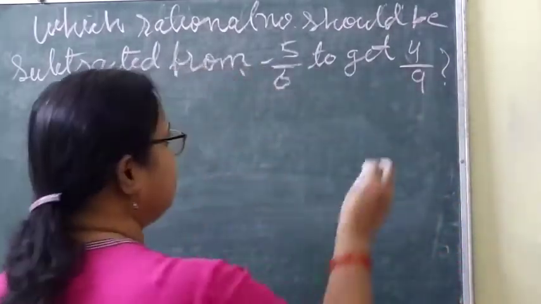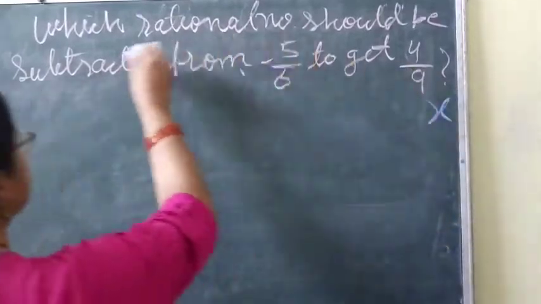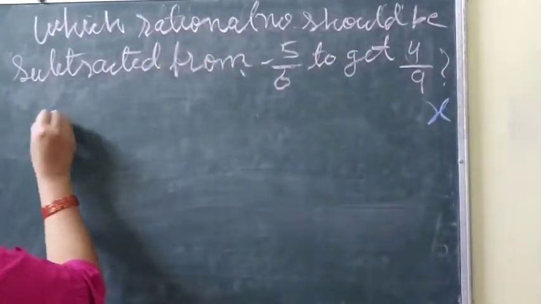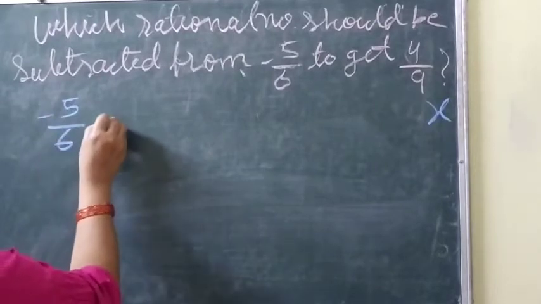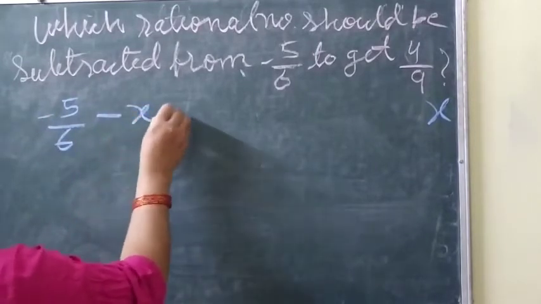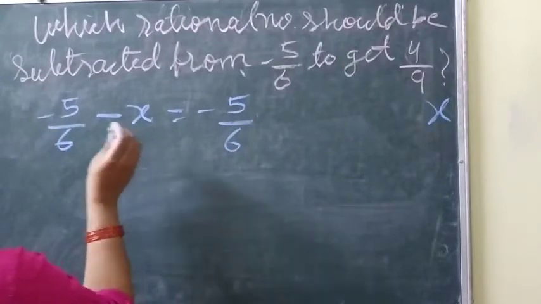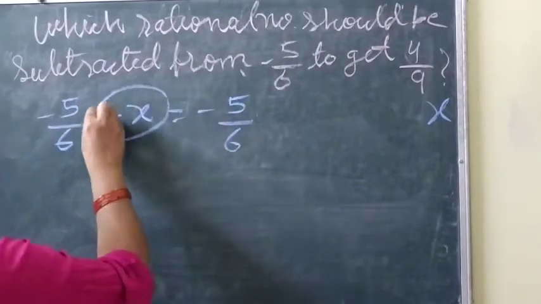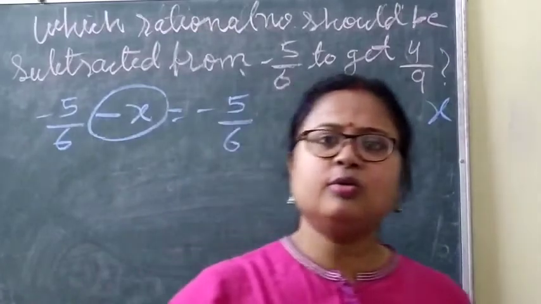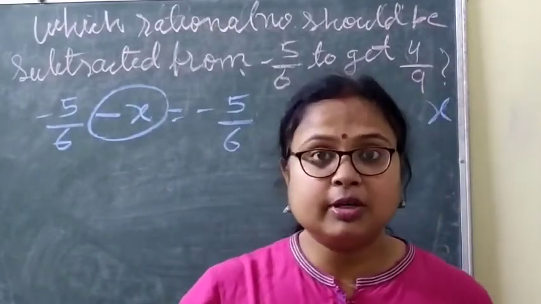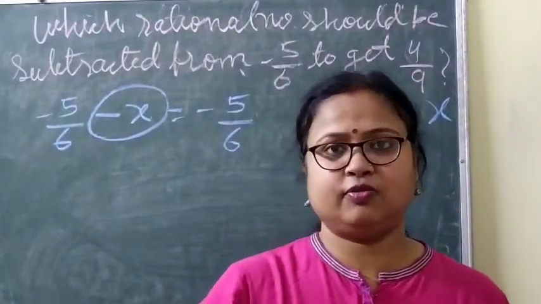So let the rational number be what? X. So according to the question, write the equation. First write minus 5 by 6 minus x is equal to minus 5 by 6. So always try to write this unknown number in the positive form.